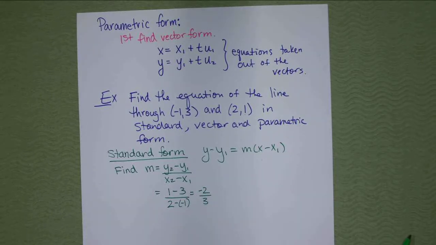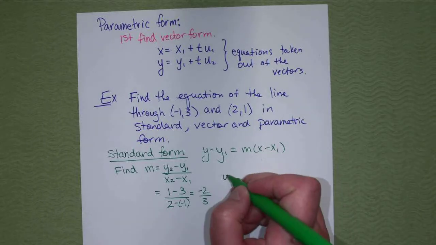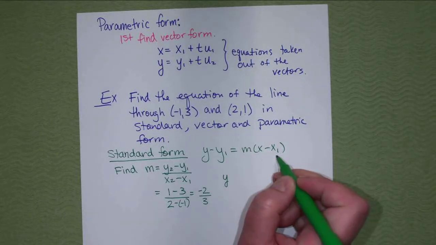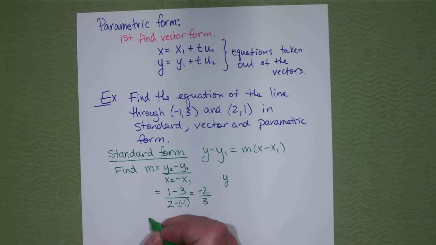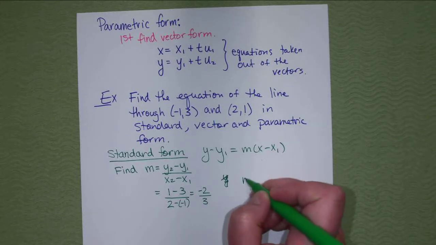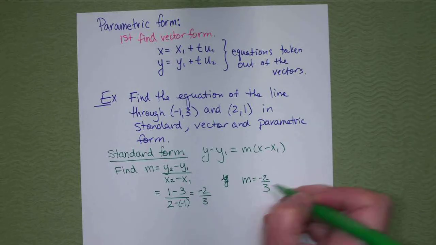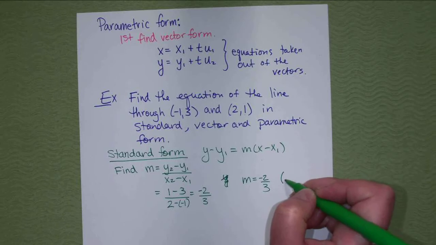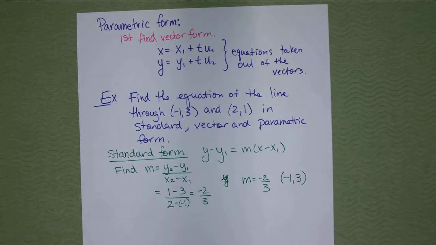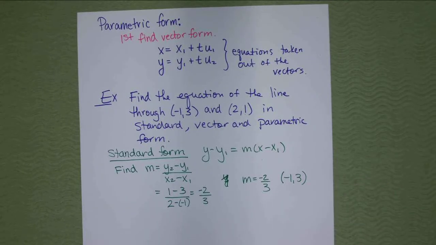And then we just plug it in. So this is nothing new. What point do we use? Yeah, either point. So let's use (-1, 3), but you can use either point. So y minus 3 is equal to negative 2/3 times x minus negative 1.